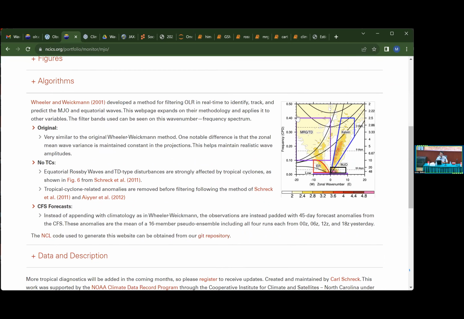For MRG itself, in this algorithm, it uses only filtering of the wave number and frequency, like the purple box here. You just select the minimum frequency, maximum frequency, and the minimum and maximum zonal wave number.